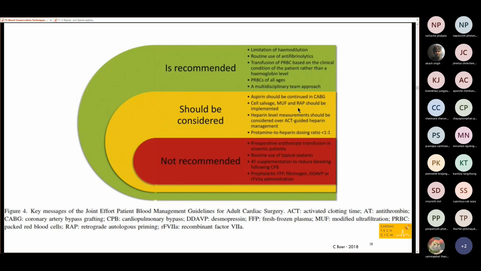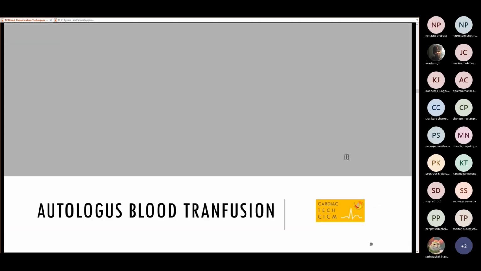RAP, I mean, it's not a song. I mean the retrograde autologous priming should be considered. Heparin level and protamine level are also important.